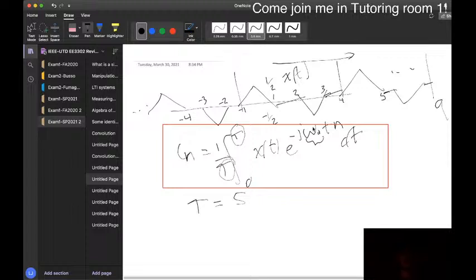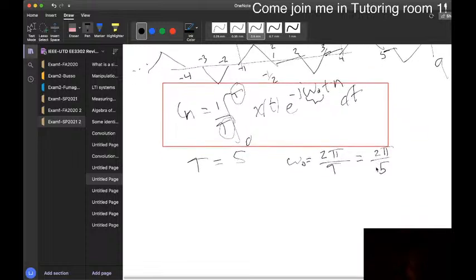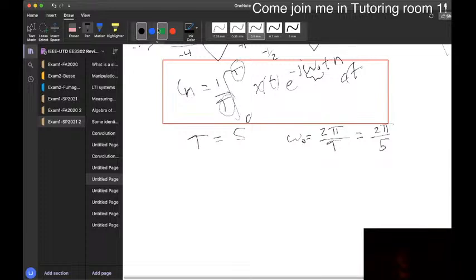And now we need to get the fundamental frequency. Remember this formula: omega 0 is equal to 2 pi over T. So it's 2/5 pi. Now that we have both of those numbers, we can apply this formula that we just pulled out.